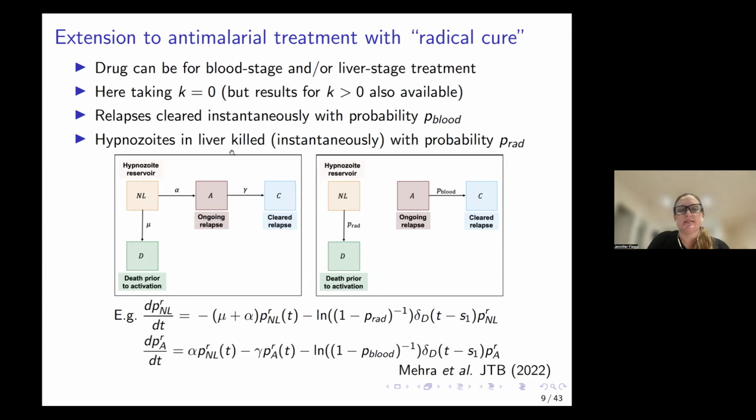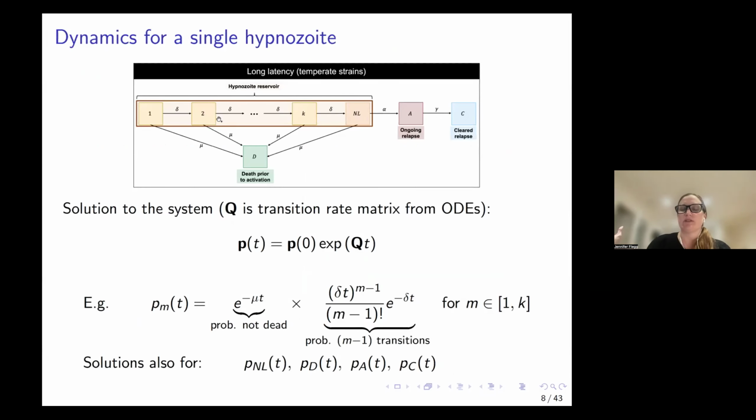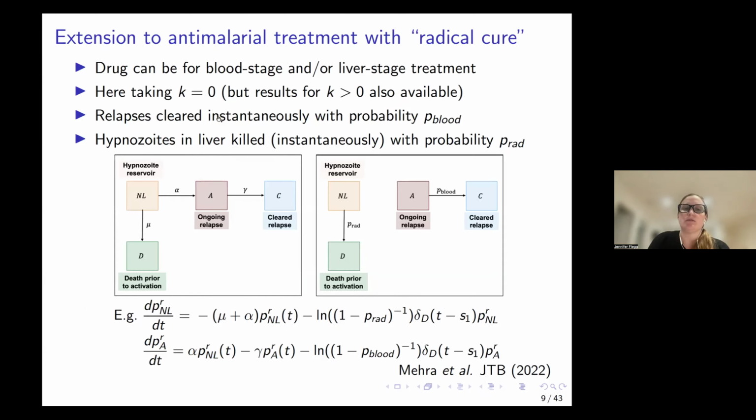Just for simplicity, here I'm taking k equals 0. So I'm just collapsing this hypnozoite reservoir into a single compartment just to show you. Here's that simplified model, but the results do apply for k greater than 0. What we've assumed is that when you get treated with radical cure, any relapse that you're having, so that's your blood stage infection due to hypnozoites being activated, is cleared instantaneously with a given probability P blood, and that depends on the type of drug that you receive.